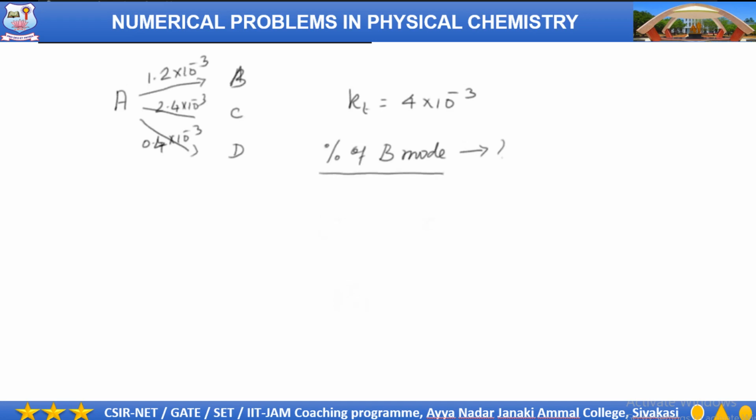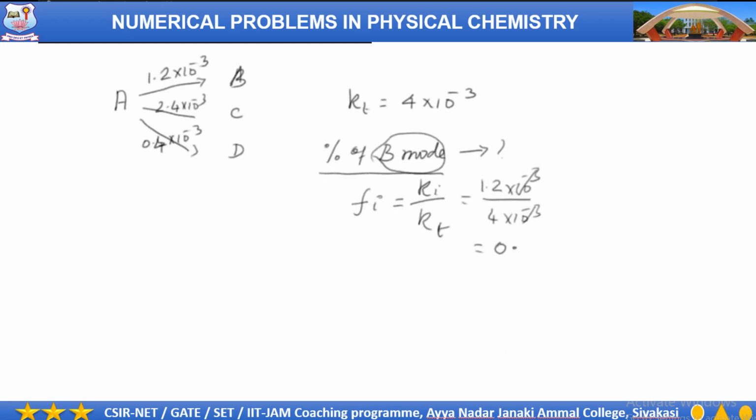That is the fraction. You can calculate the fraction Fi for the B mode as Ki by KT. The K value is 1.2 into 10 power minus 3 divided by KT, that is 4 into 10 power minus 3. You will get this as 0.3.